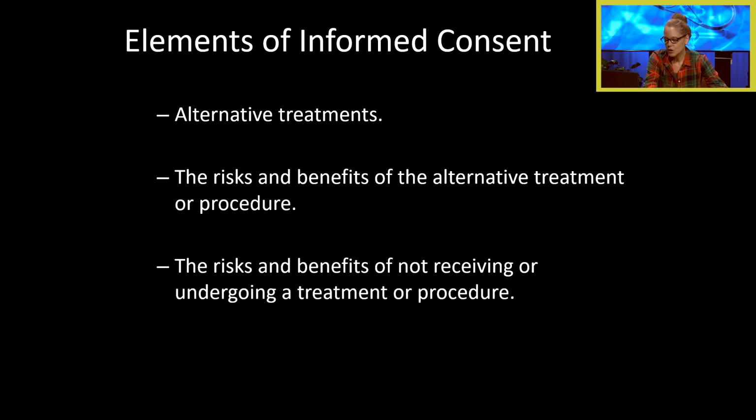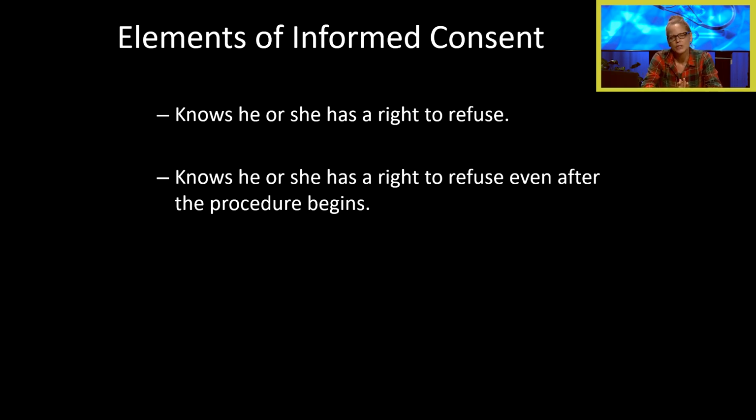So we want to make sure that we understand not only the risks and benefits of getting the procedure, we want to understand what alternatives might be, the risks and benefits of the alternative, and what if the patient decides not to get the procedure? What are the risks if they decide to do nothing? Okay? So that's very important for the patient to really understand what's going on with their care.